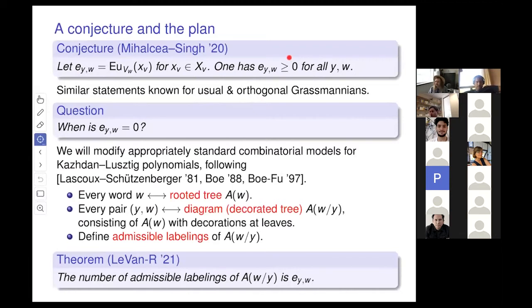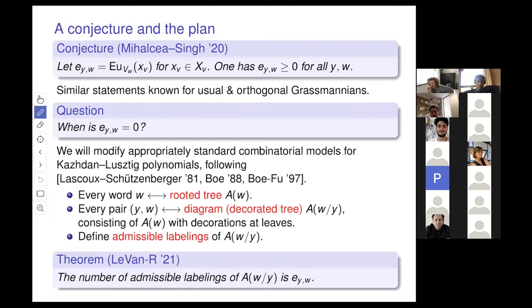And of course, once you prove a non-negativity statement like this, then you might ask yourself, what's the boundary case? When do you get the vanishing of this number? So that was the goal of our work, to understand this Euler obstruction for the Lagrangian Grassmannian and then prove this positivity. And as I said earlier, there are two things you might want to ask about.